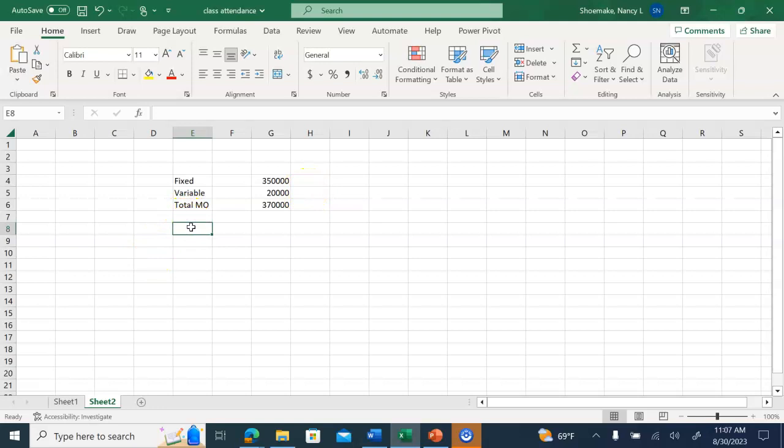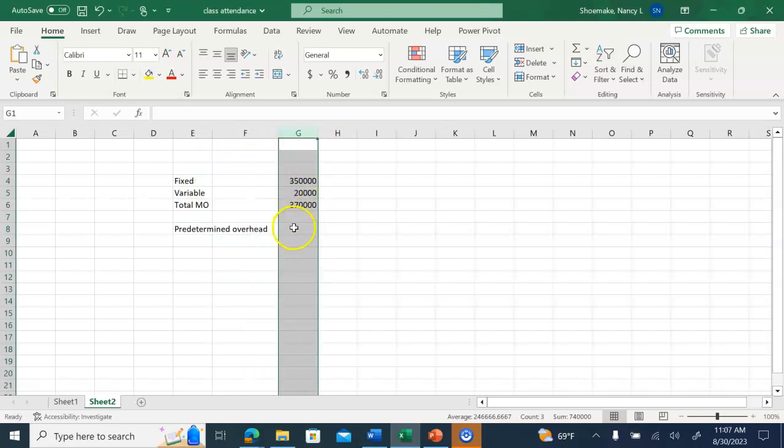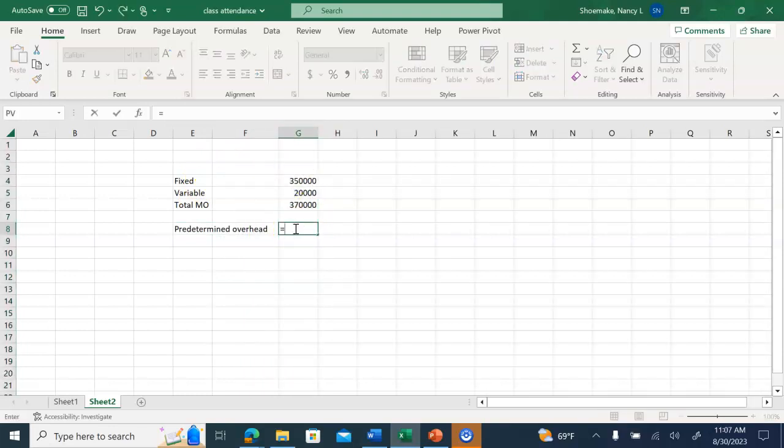But to determine the predetermined overhead rate per labor hour, we would take the $370,000 and divide that by 20,000 estimated direct labor hours to come up with $18.50 per direct labor hour.